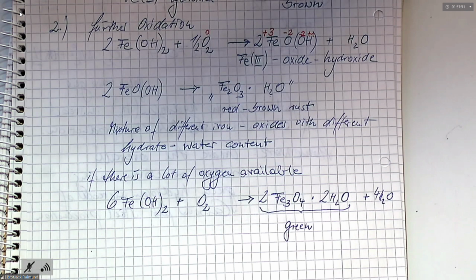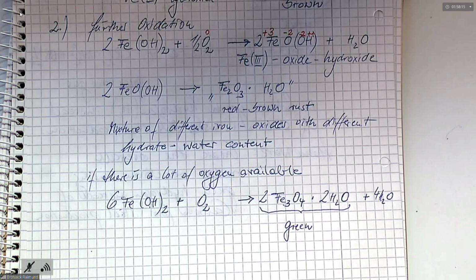Will it be plus 3? Then 3 times 3 is 9. We have only 8. So one Fe would have plus 2, and 2 of them plus 2 is 4, plus 3 is 7. The other way around: 2 of them have plus 3, and 1 has plus 2.